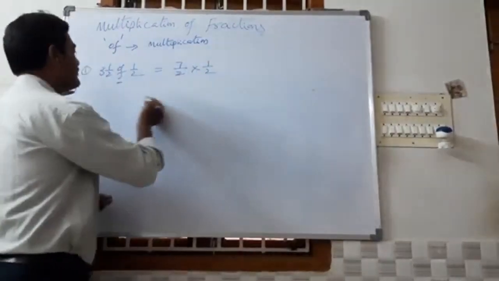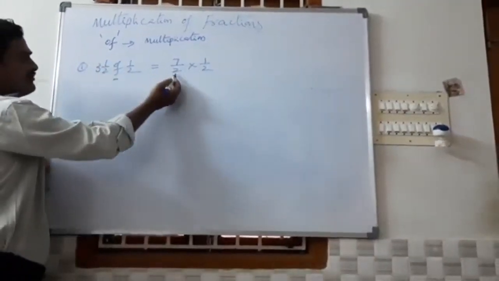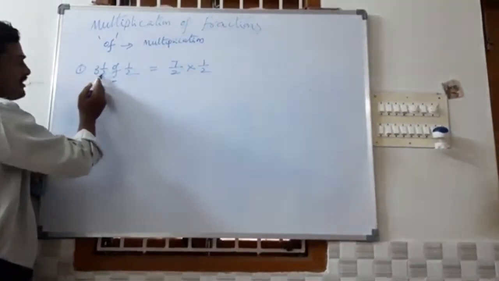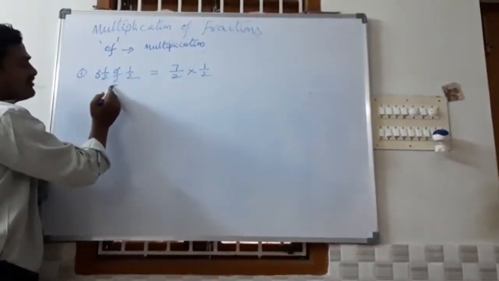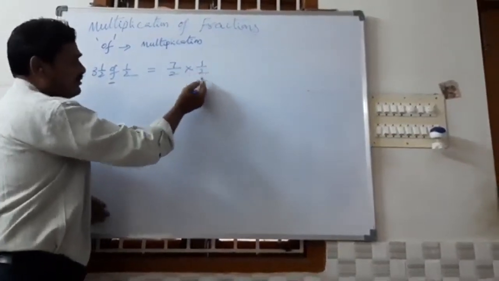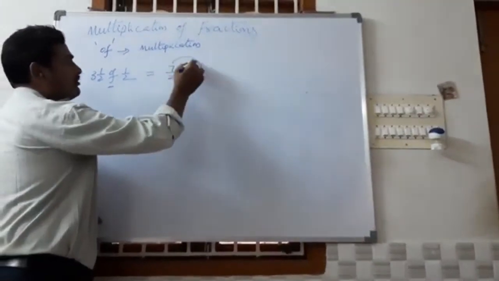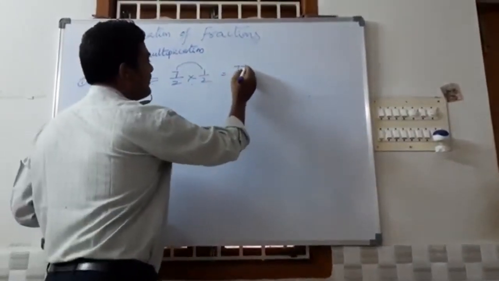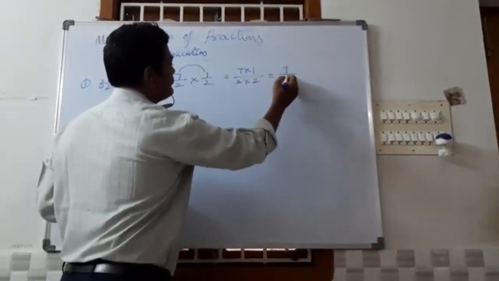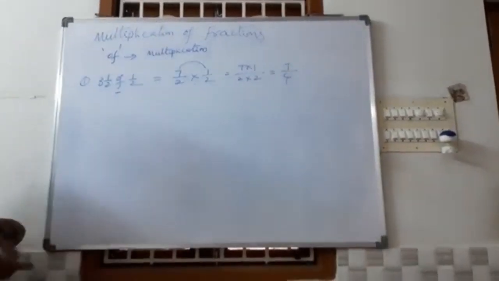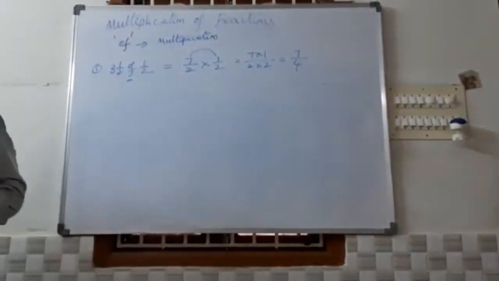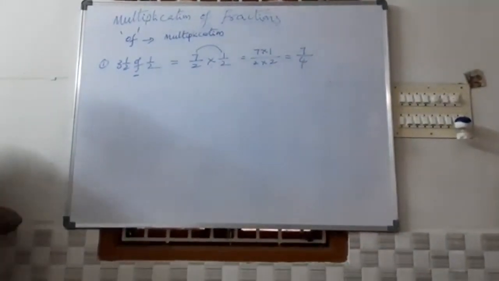Now normal multiplication. 7 by 2 into 1 by 2. Now we multiply 7 into 1 by 2 into 2. That means 7 by 4. 7 ones are 7. Then 2 2s are 4.